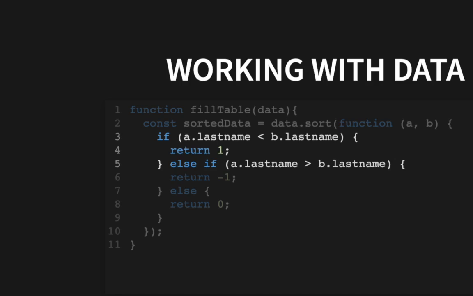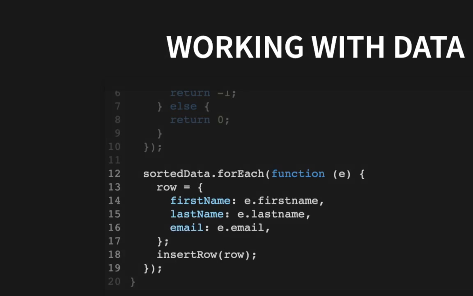That's the order we want. But if the first one is bigger than the second one, we return a -1 so that the sort function flips them. And otherwise that means they're the same thing. We return 0 and that means they're the same and they can stay as is. So that is our sort function in its entirety. Hopefully that made sense.